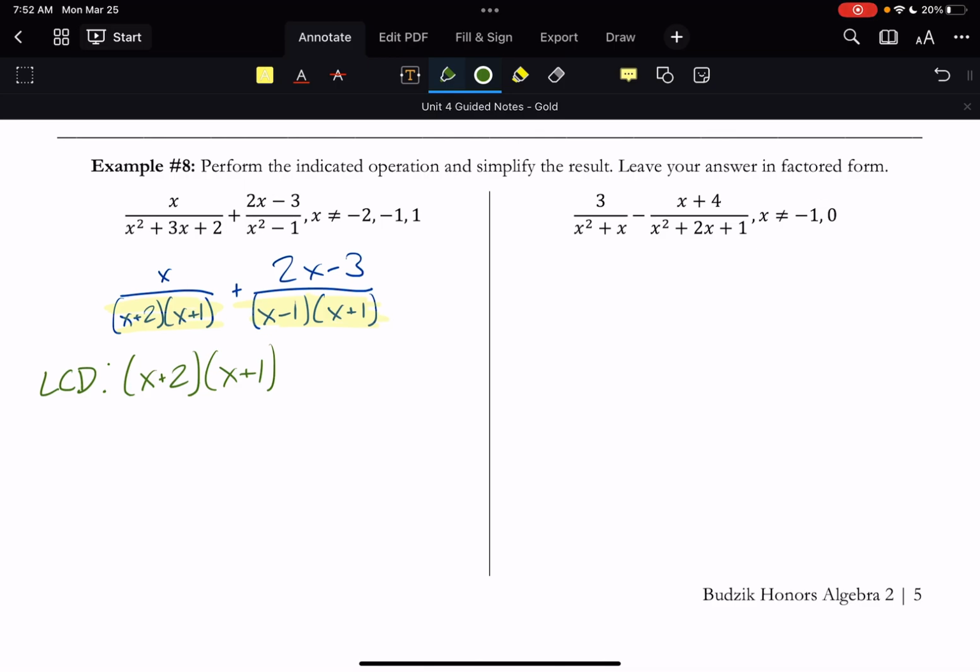And now I look at the second denominator, and I am missing the x minus 1 factor. So that is my LCD. And again, all of these factors are raised to the power of 1, so I don't have to worry about taking the largest degree. Okay.